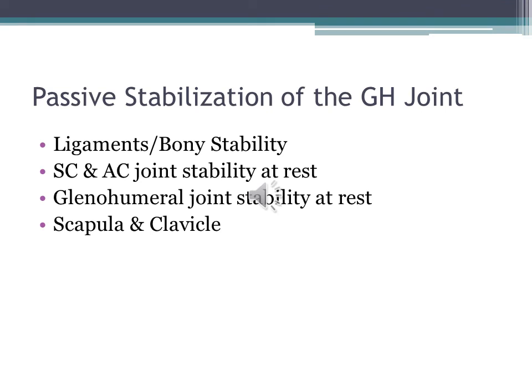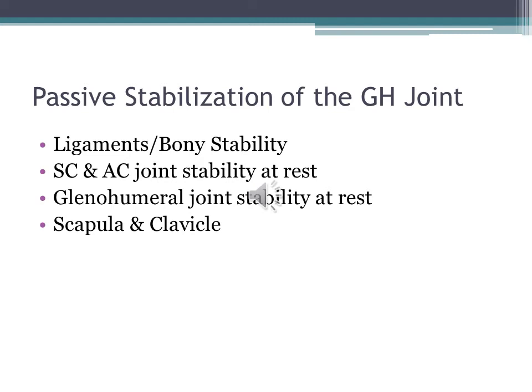So in looking at some of the passive stabilization at the glenohumeral joint, we know that as a ball and socket joint, the structure of the glenohumeral joint doesn't really lend itself inherently with the bony stability to provide a whole lot, because if we just look at the glenohumeral joint, there isn't a lot of bony stability there.